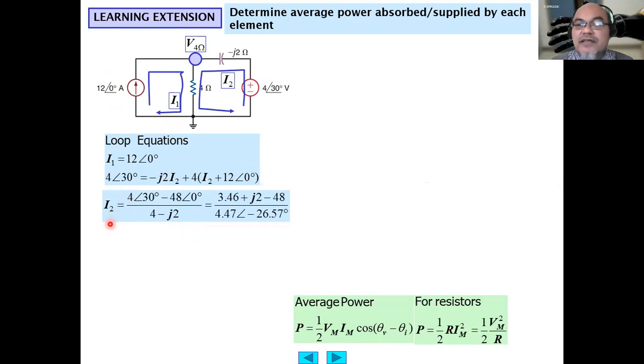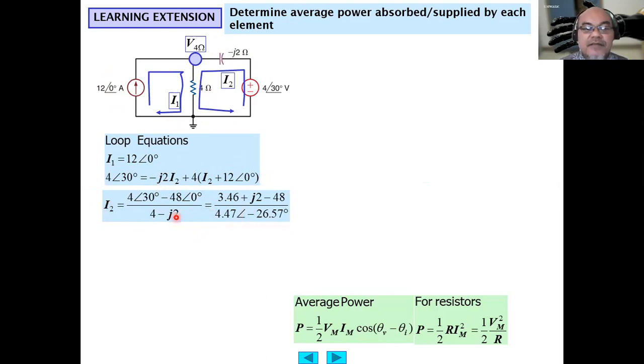So from here, we can calculate I2, the current at this branch, this loop: 4 with phase angle 30 degrees, minus 4 times 12, equals 48 with 0 degrees, divided by 4 plus j2, to find I2.